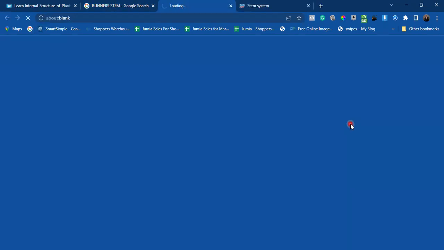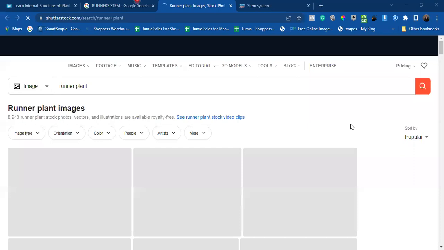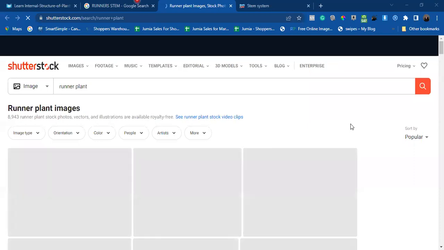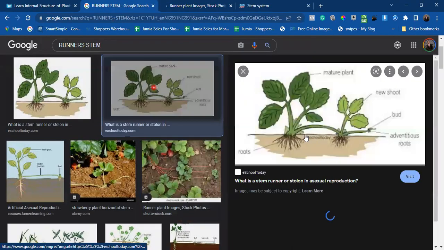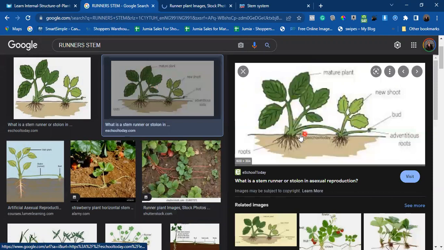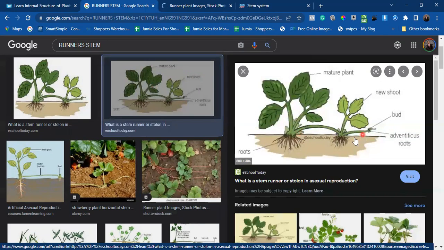Just look at this. Can you see? This is the way they grow. Runner stem, see them. Then something shoots out.